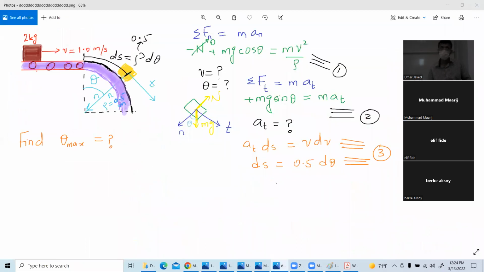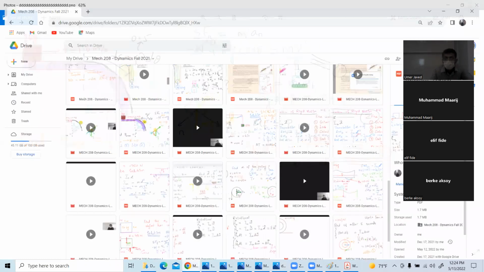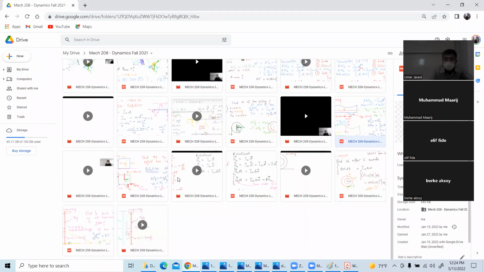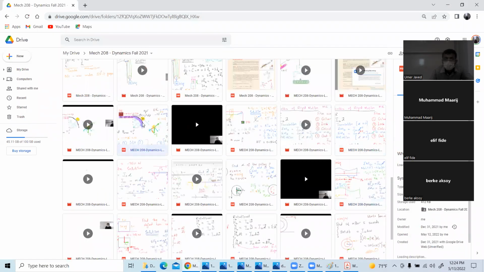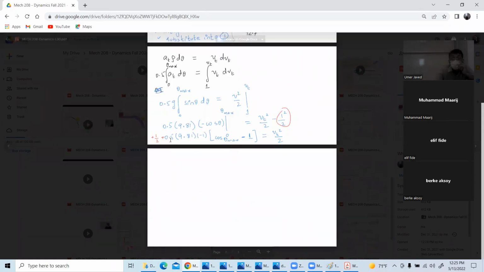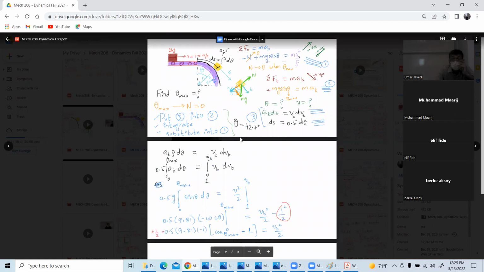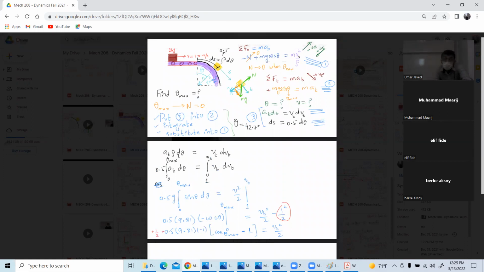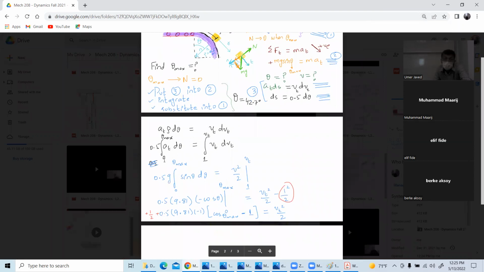Please remember, this is what I told the class, that the conveyor belt is till here, and after that there is no conveyor belt, the package is on its own. And then I told you that for the solution, you can use this a ds equal to v dv, and you can solve this using this.